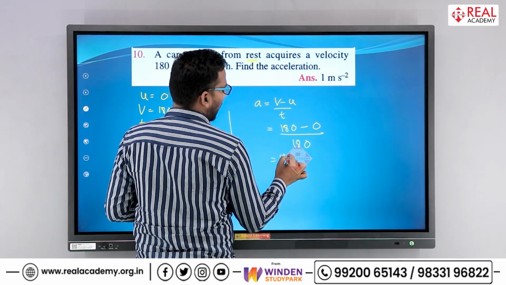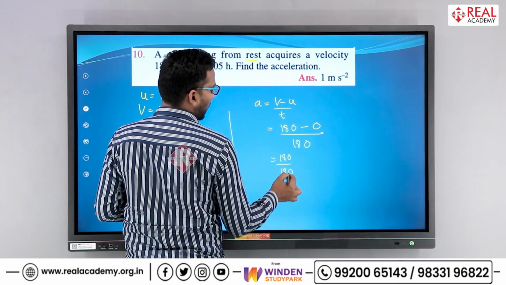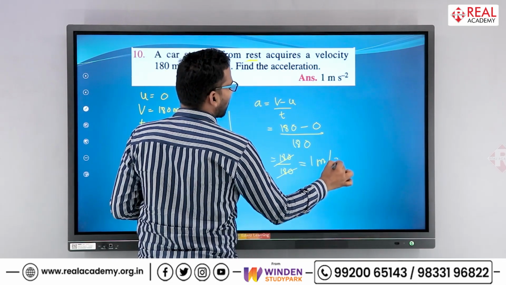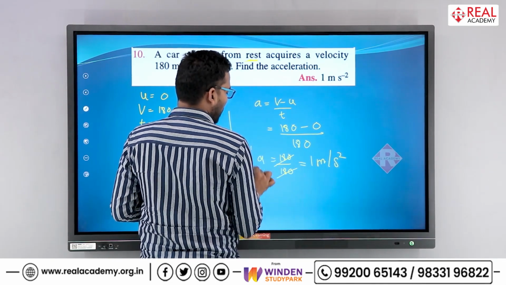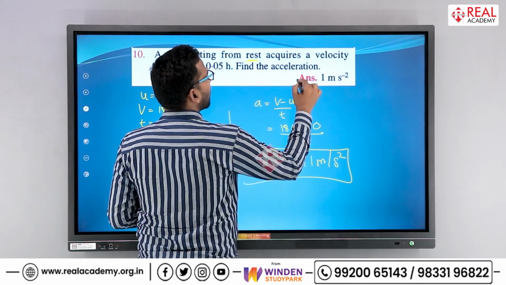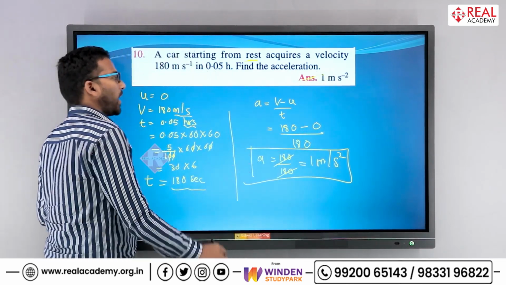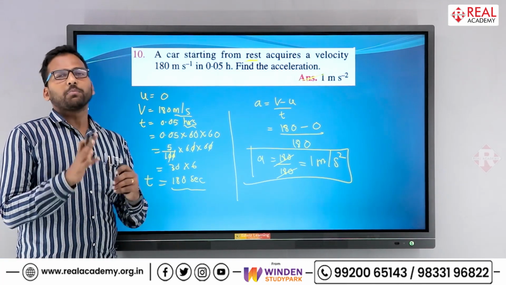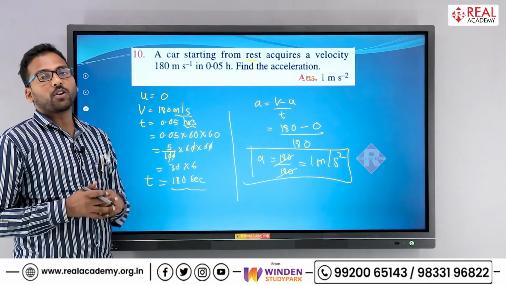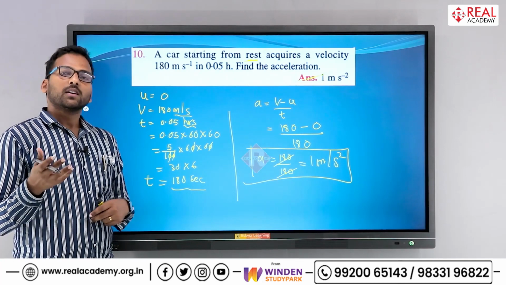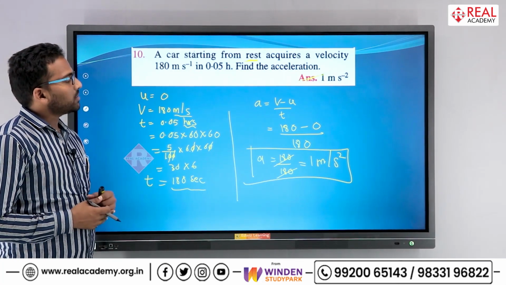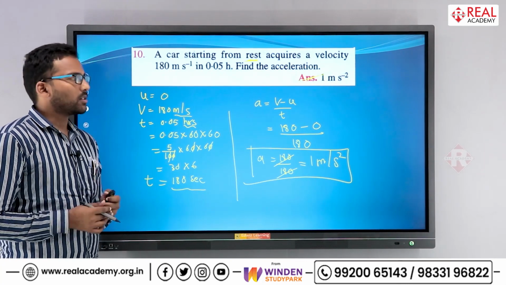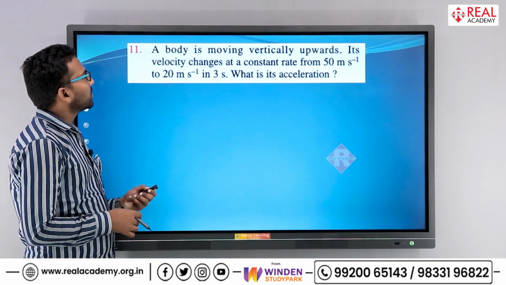That is 180 upon 180, which cancels each other, and remains 1 meter per second square. This is the value of acceleration, the required answer. Clear? These are very simple questions. You need to get thorough with the formulas and the question to get the exact answer. Clear? Okay. Chalo. Next question.